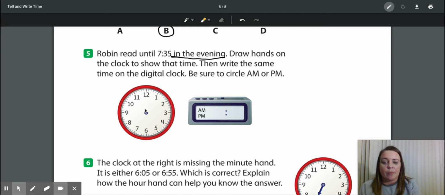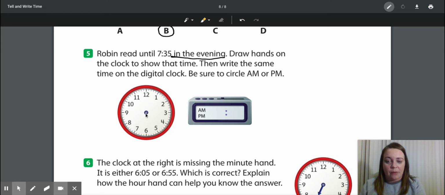7:35. Remember how I said in the video, the only time the hour hand is going to be right on the number is when it's like 5 o'clock, 6 o'clock, 7 o'clock, 8 o'clock, right on an even hour. This isn't an even hour. This isn't 7 o'clock. This is 7:35. So it's a little bit past 7.